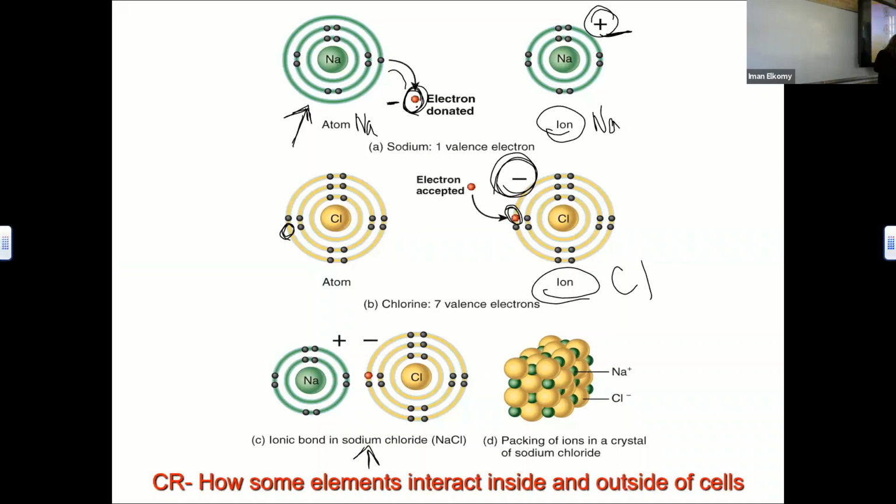I get a bond between the two. We call that an ionic bond. It actually happens right here where that electron is. That's going to give me a compound called sodium chloride. What is sodium chloride? Salt. That's right. Okay. Make sense?